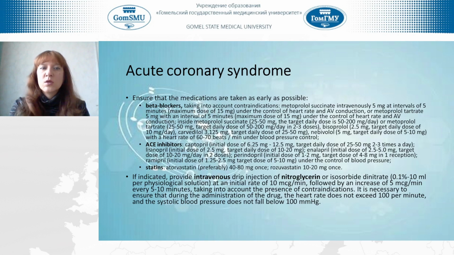It is necessary to ensure that during administration of the drug, the heart rate does not increase to more than 100 per minute and the systolic blood pressure does not fall below 100.